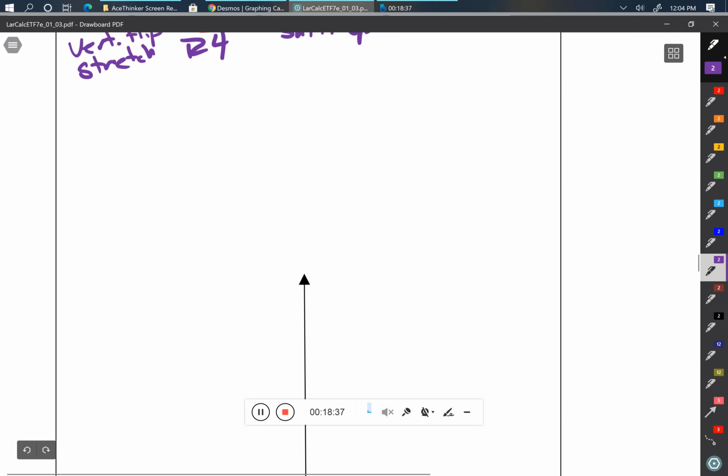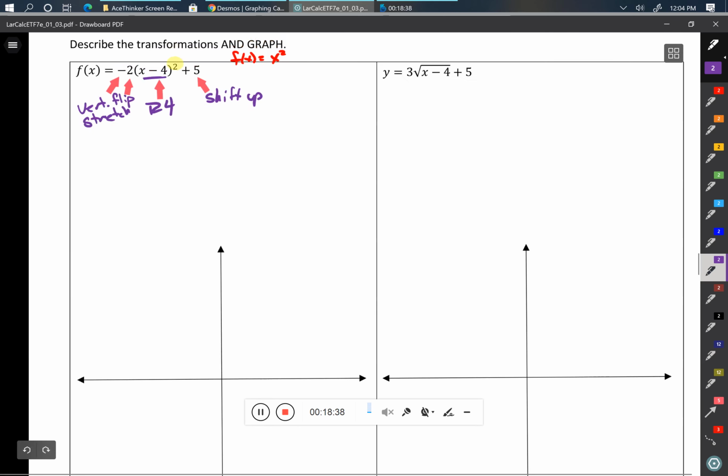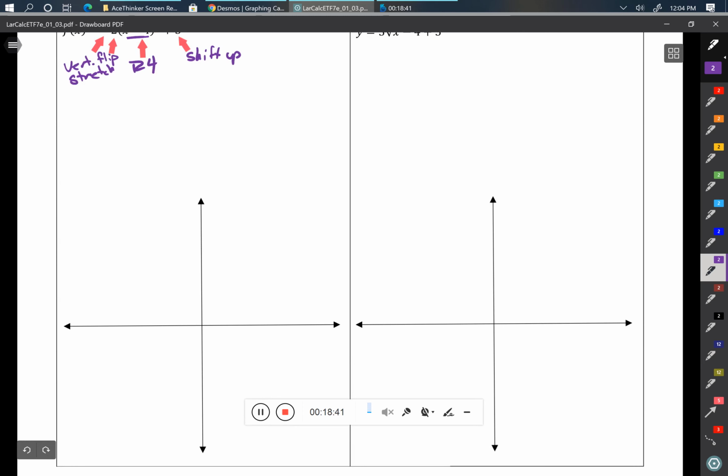Okay? So if I were to make a sketch of this thing, I'm going to start out with what the parent function was. So the original function was that guy. And then it moved right 4 units. And then it was stretched and flipped.